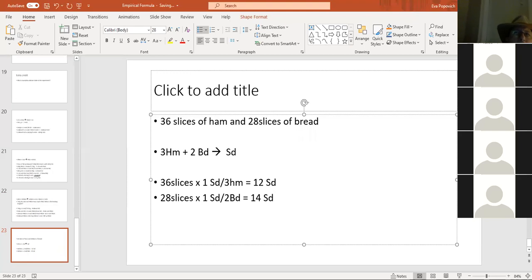So how many sandwiches do I have? 12. I have 12 sandwiches. So basically, I put 3 slices of ham on 12 pieces of bread, covered them with another slice of bread so that I had 12 sandwiches. I have 4 slices of bread left over that weren't used because I ran out of ham.